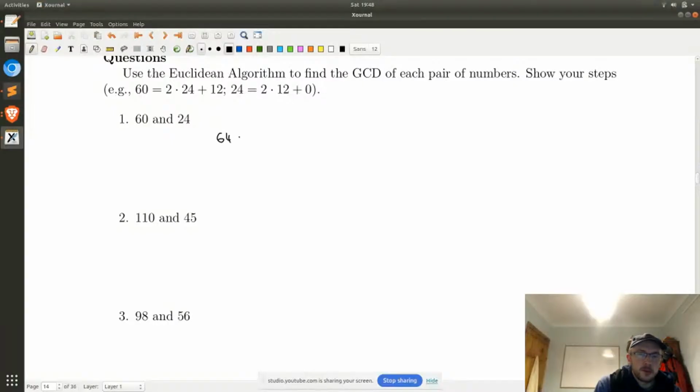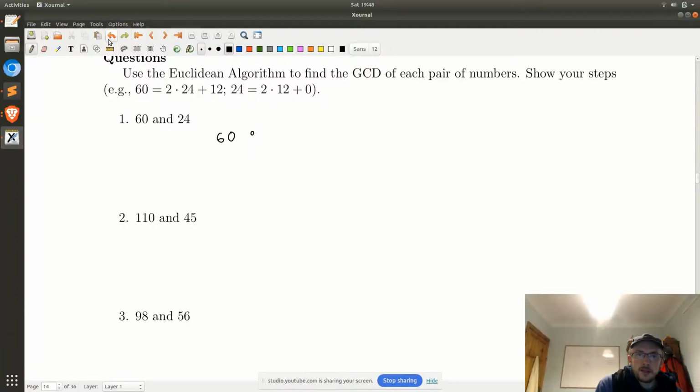So 60, beg your pardon, 60 and 24. Now, divide something and get the remainder. Well, I've seen different ways to write it. I've seen mod, and I've even seen the percentage sign.